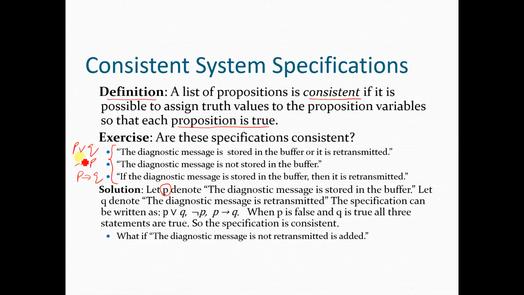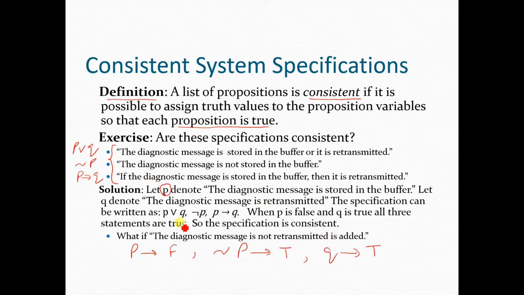If P is false, then negation P is true. Now, if P is false, then in order to make P or Q true, Q must be true. So let's assign the truth value true to Q.